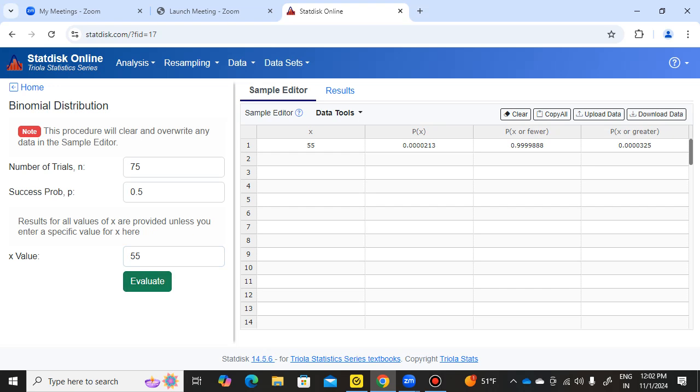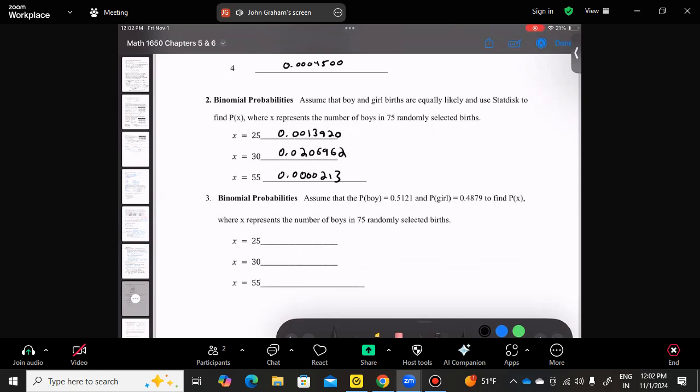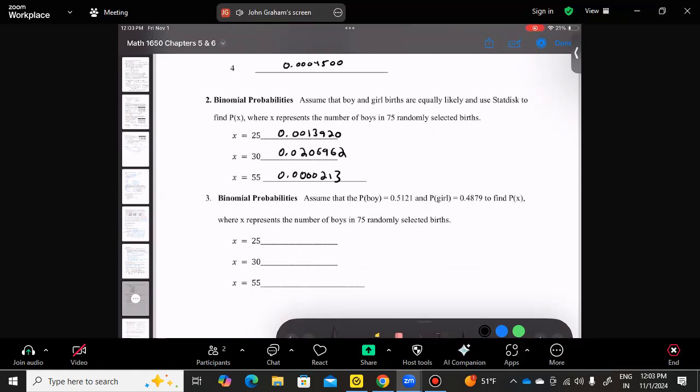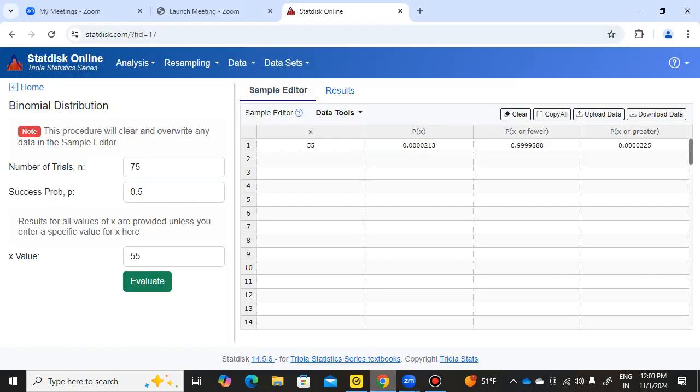Alright, then the next one, let me bring in Zoom again, is we're going to look at the probability of a boy being higher, 0.5121, compared to that of a girl at 0.4879. Again, we're going to look at 25, 30, and 55 and see how they changed. So the probability of a boy now is 0.5121.